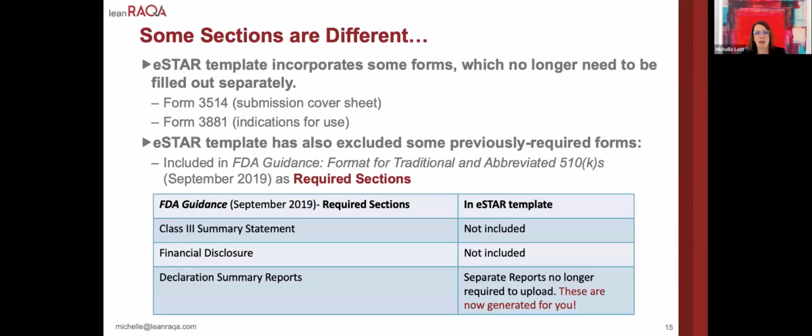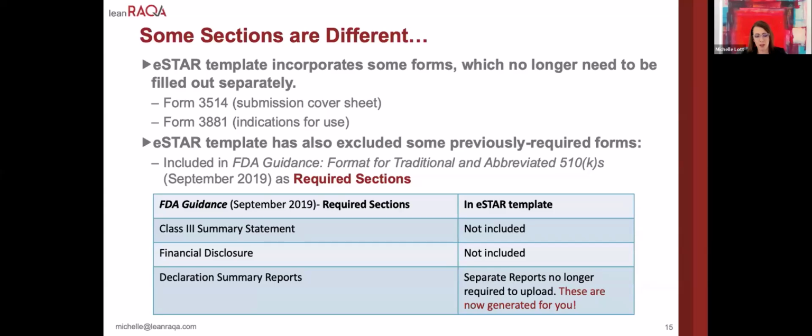And so things like the submission cover sheet and indications for use form have essentially gone away because that information auto builds and populates as the eSTAR gets populated. And then it also excluded some previously required forms that didn't make sense, like the class 3 summary statement.